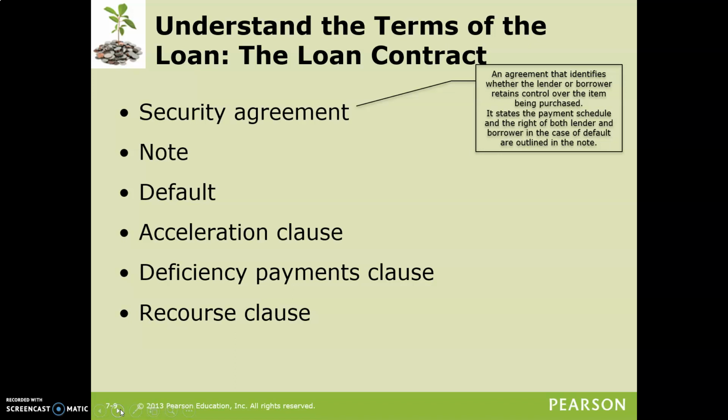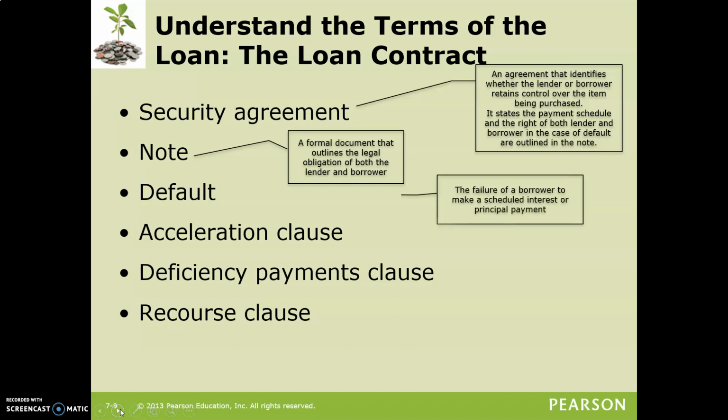That is the security agreement. Notes are formal documents outlining the legal obligations of both lender and borrower. Default is an act of failure of a borrower to make a scheduled interest or principal payment, in other words, they don't pay on time.